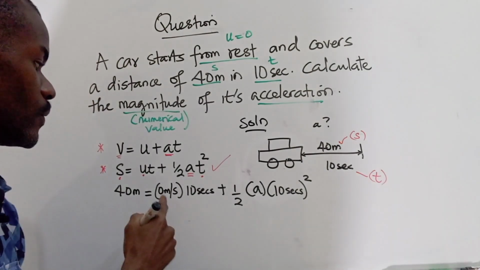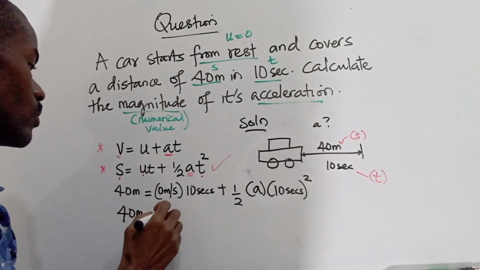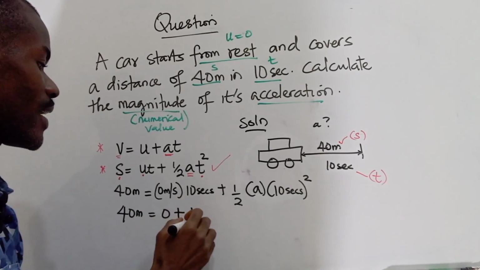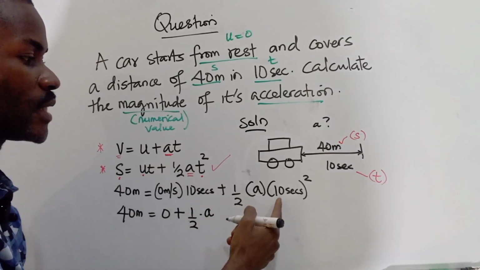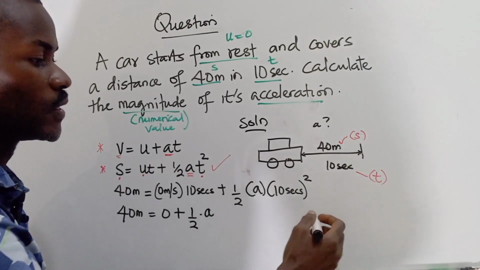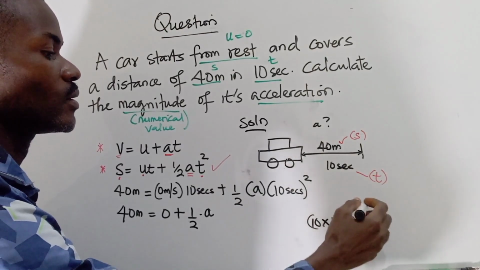So having written this down, we can now simplify further. 0 times this is 0, so we have 40 meters is equal to 0 plus half times our A. Now 10 seconds squared means 10 times 10, which is 100 seconds squared.